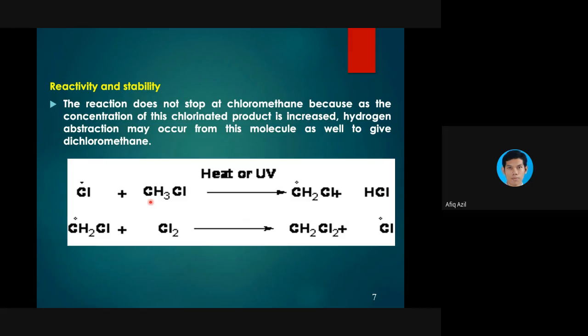This happened because as the reaction proceeds, the CH4 concentration will be lower, while the CH3Cl concentration will increase as more product is formed. So that's why the Cl free radical ends up reacting with the product, instead of the reactant CH4 exclusively.